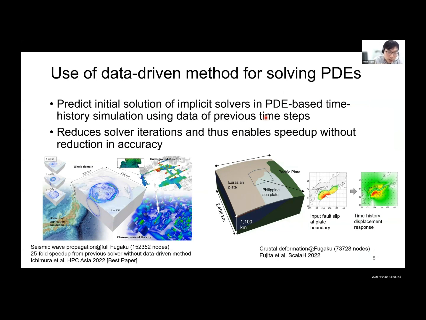If we can predict the solution of the next time step accurately, we can reduce the number of iterative solver iterations, and thus we can enable speed up without the reduction in accuracy. Previously, we've been doing this on the Fugaku system for solving this wave propagation problem, and also applying this to a crustal deformation problem.